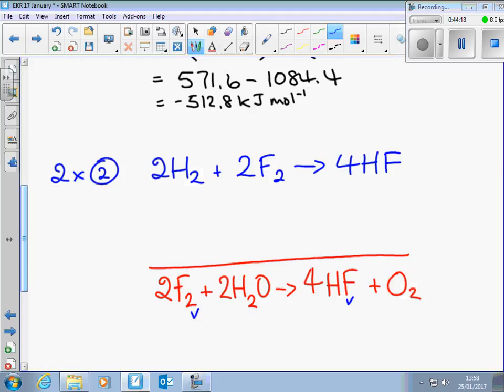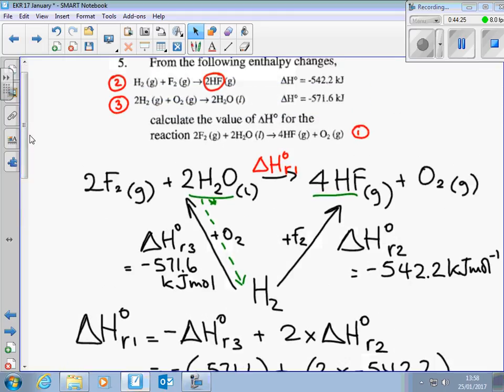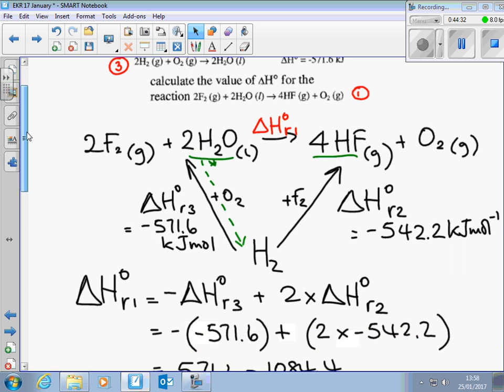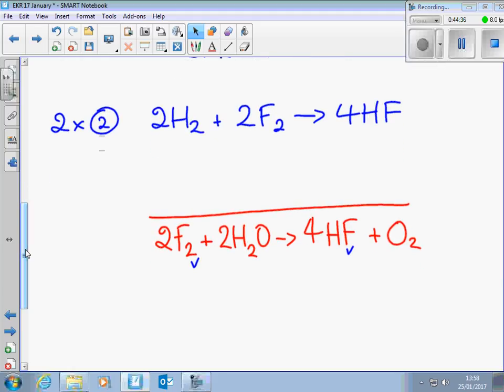The other equation, if we look at equation 3, here, H2 plus O2 gives us 2 H2Os. Right, okay. 2 H2 and O2 gives us 2 H2Os. Well, our H2O is on the left. So we need to flip that one to get H2O on the left.